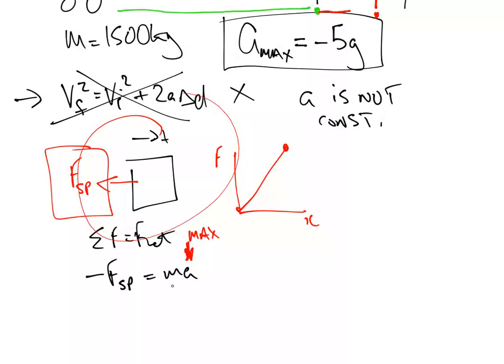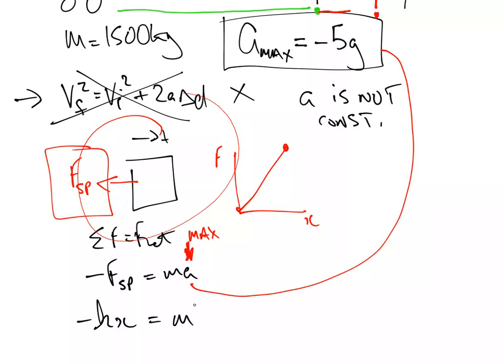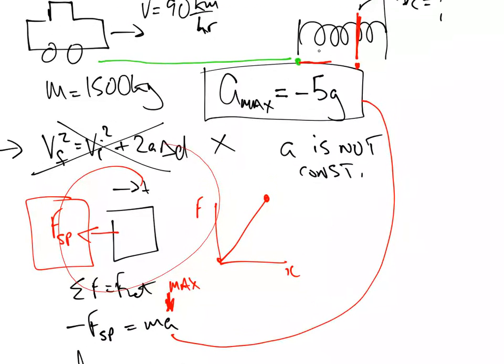So, that's the location that's going to have the 5 g's. So, what is the force of the spring? It's defined as kx, x being maximum compression, right? So, on the diagram, let's say this is x max here.